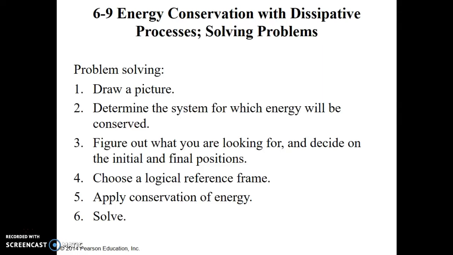We look at what it is that we're evaluating, what the focus of the problem is. 3, we identify all of our knowns, everything that we are given. We figure out what we're looking for, and we need to decide final and initial positions. In the roller coaster problem, where are we starting, where are we stopping?